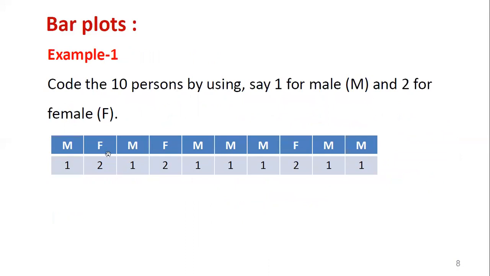Then consider the same example from our earlier lecture, the male female category of 10 observations. So the same database we are considering here. In the tabular format, in order, we have coded male as 1, female as 2. This is the data we have taken.